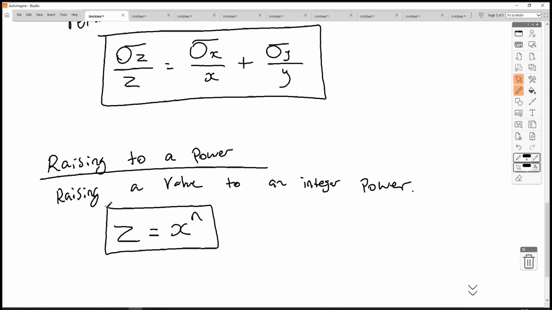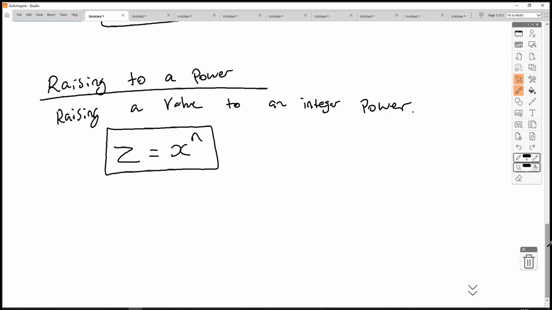With n number of that happening, it becomes n times sigma x over x. So we've got sigma z over z equals n times sigma x over x.